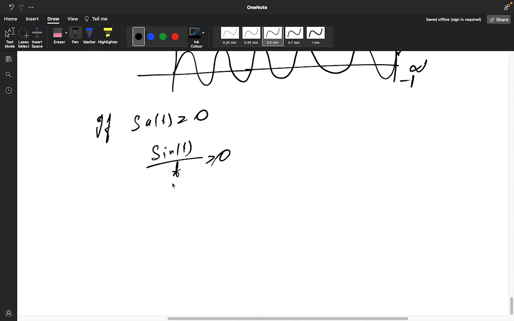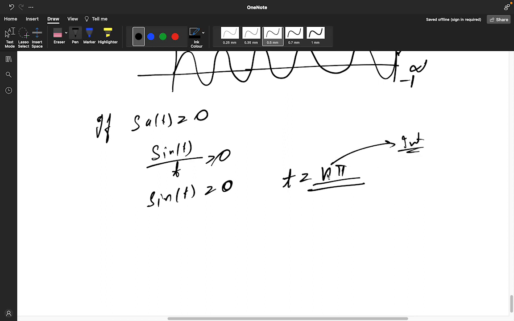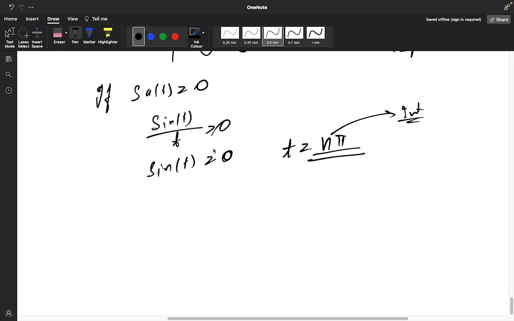Sin t is 0 when t is equal to n pi, where n is an integer. If n is 1, you will get 0. If n is 2, you will get 0. If n is 3, you will get 0. So how will the curve look like?